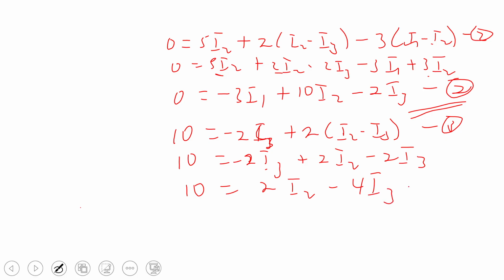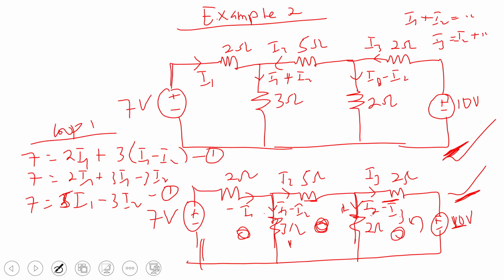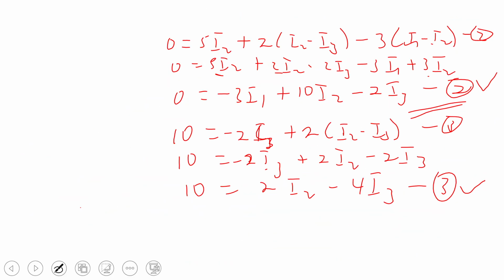So you just pick your calculator, take equation 3, equation 2, and equation 1 we just did, and punch, and you are going to get I1 to be 4 on 3, I2 to be minus 1 on 9, and I3 to be minus 23 on 9.